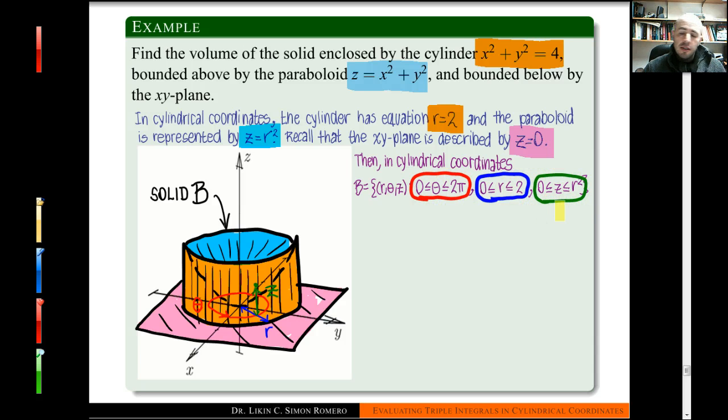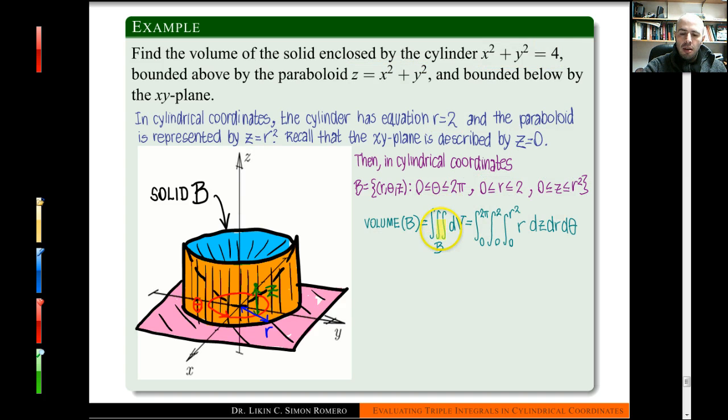Once you have this particular set representation of the solid, then setting up the integral is pretty easy. Just take the triple integral, dV, and then we integrate first with respect to z, so z goes from 0 to r squared. Then we can integrate with respect to r or with respect to theta, it doesn't matter.